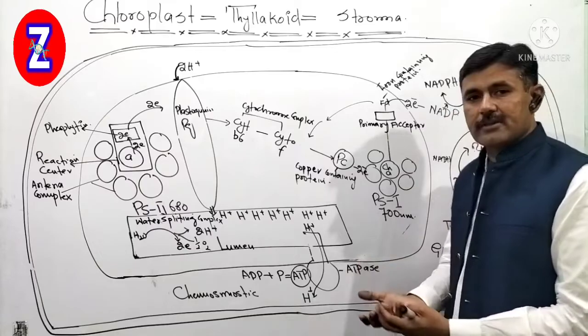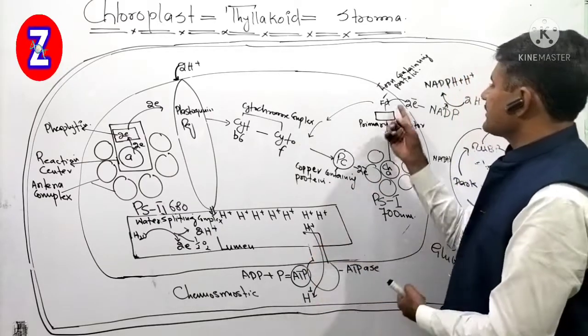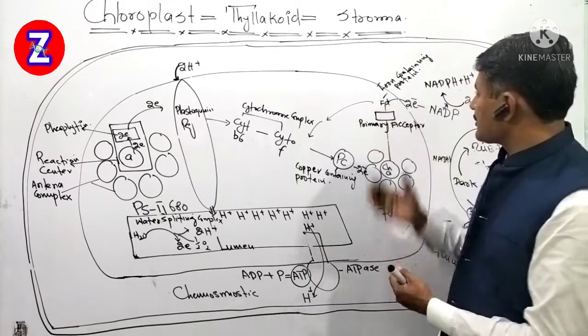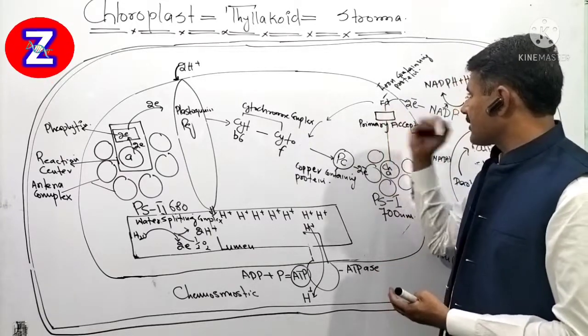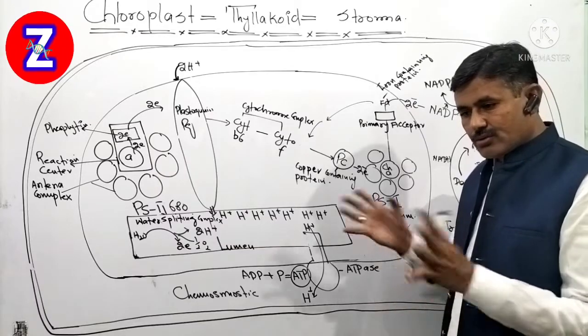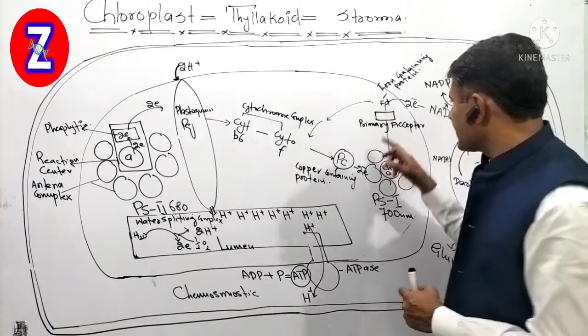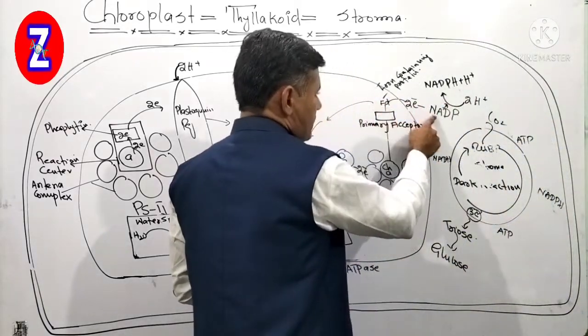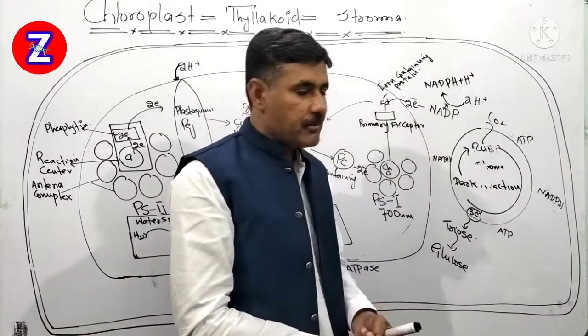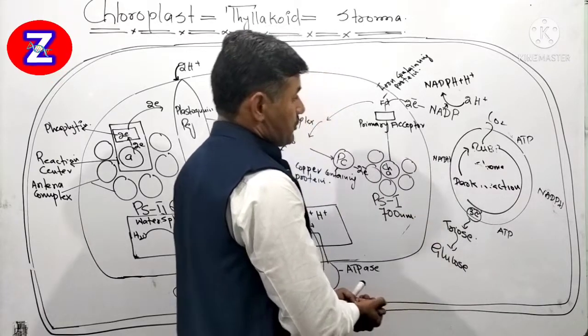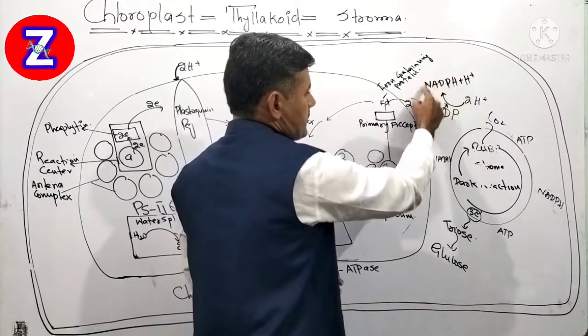And from this primary acceptor, electrons are finally received by another protein that is said to be an iron-containing protein called ferredoxin. And when this ferredoxin receives electrons, there are two ways to transfer these electrons. Either these electrons are transferred to NADP, and with the help of reductase enzyme, NADP is reduced into NADPH.